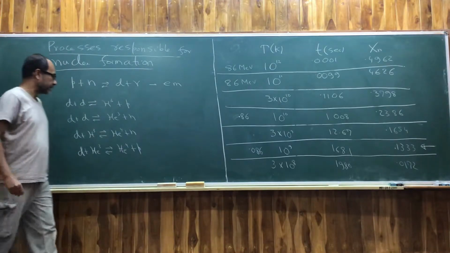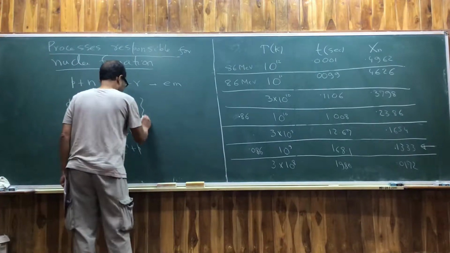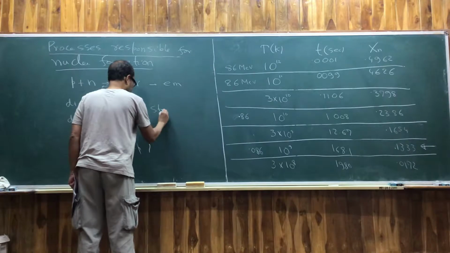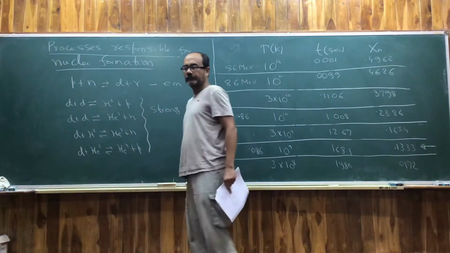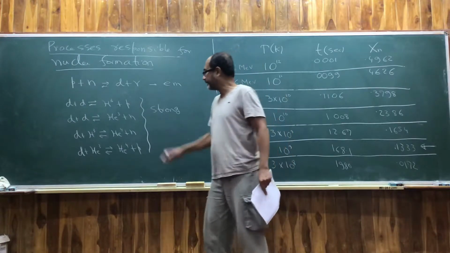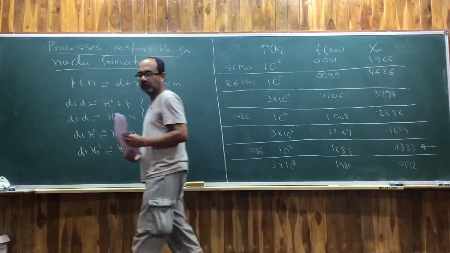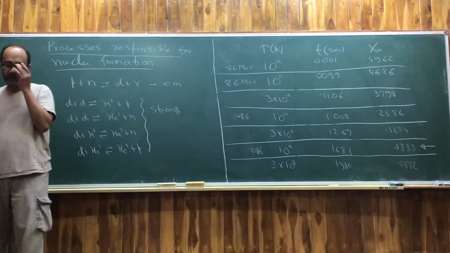Okay, these are the major processes. These, as you can see, are all strong interactions, because they don't involve any neutrinos or any photons.